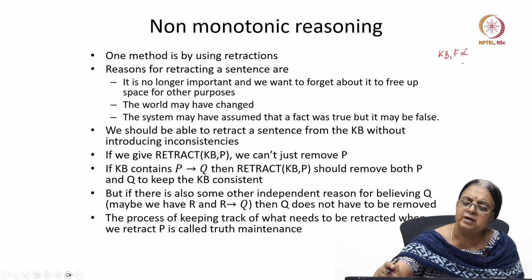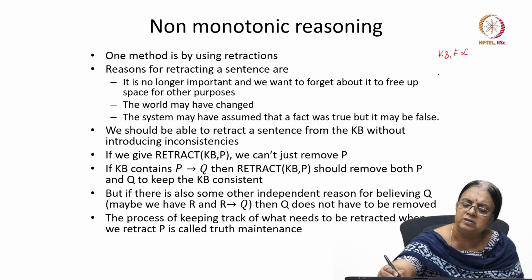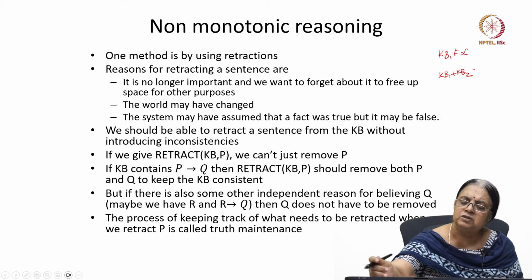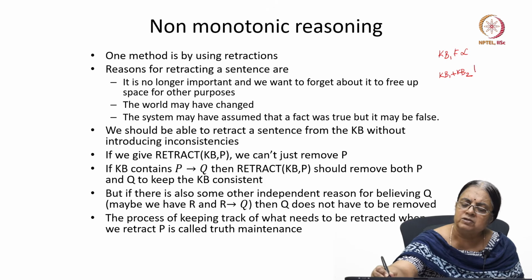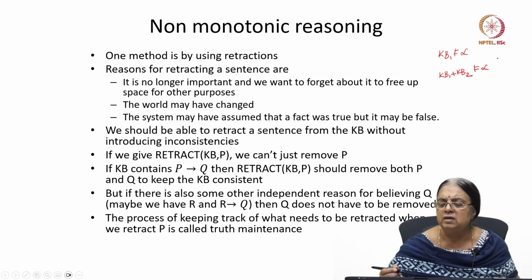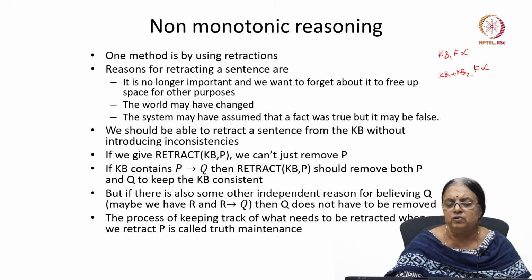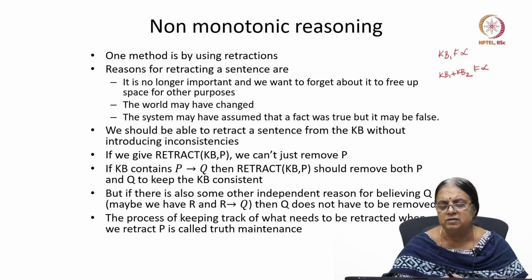Now suppose I add more facts or more knowledge to this so that I get knowledge base 1 plus knowledge base 2, right? So I've added more stuff into it. If this also entails alpha, okay, then you say that what you are using is monotonic reasoning, right?